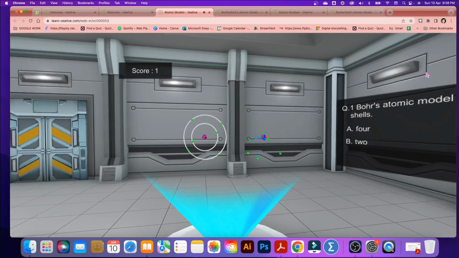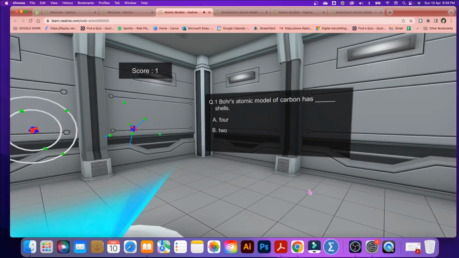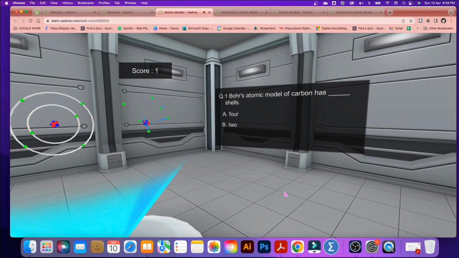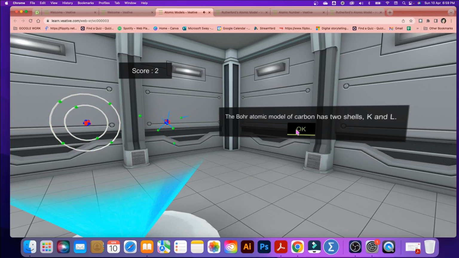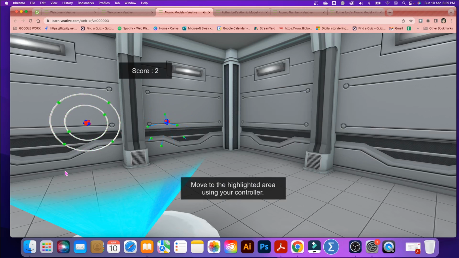Shells A 4, B 2. The Bohr atomic model of carbon has two shells. Move to the highlighted area using your controller.